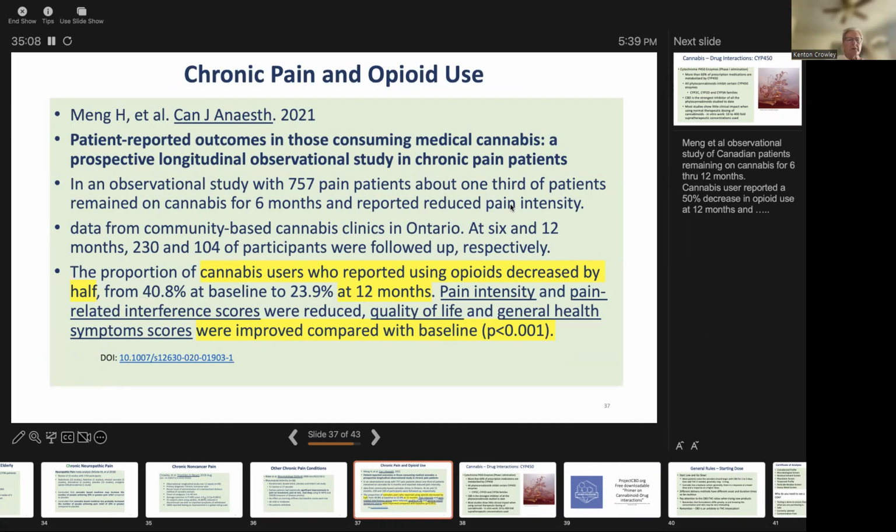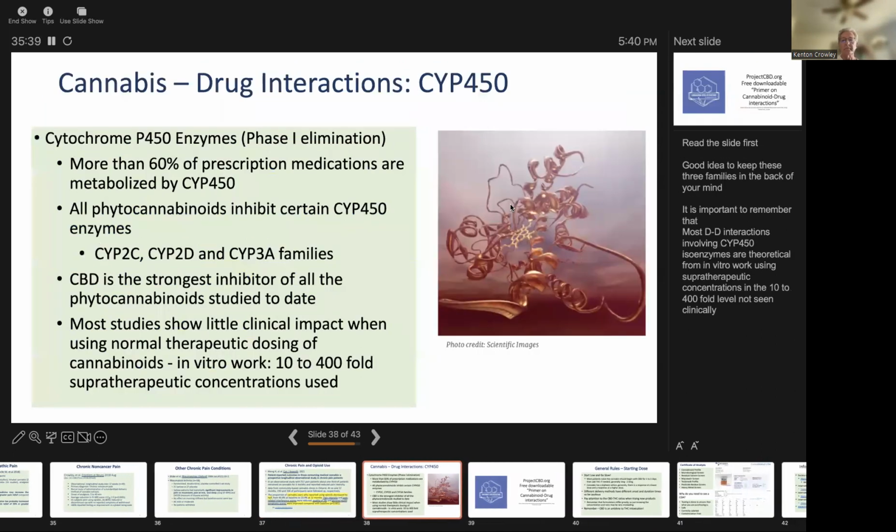His results showed that cannabis users reported using opiates decreased by half from baseline at 12 months, and pain intensity and pain-related interference scores were reduced. Quality of life and general health symptom scores were improved compared to baseline, and that was all statistically significant.